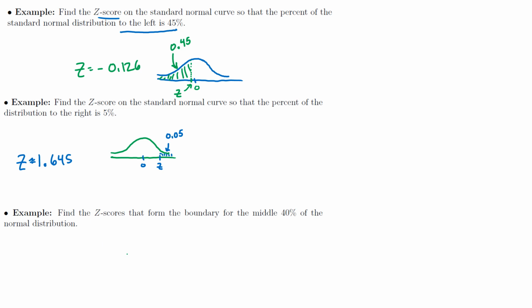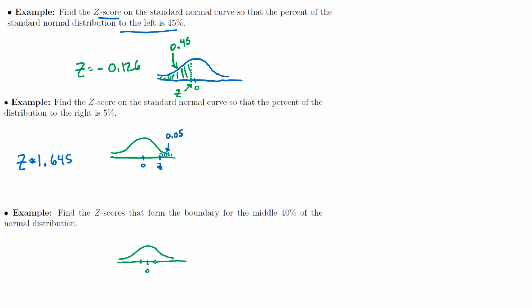In this last example, we want to find the z-scores that form the boundary for the middle 40% of the normal distribution. All right, so remembering that between a z-score of -1 and 1, we're going to get 68% of the distribution, I want to narrow it up a little bit.